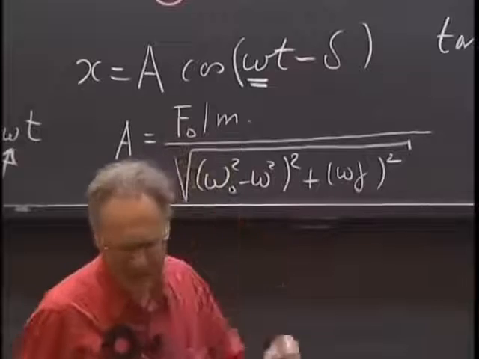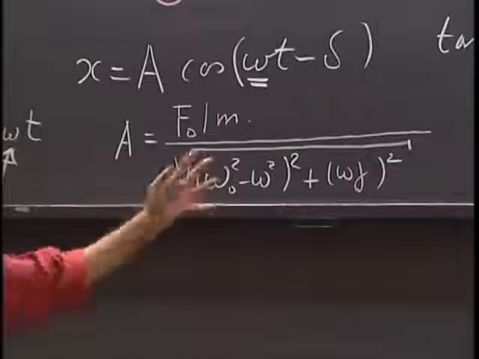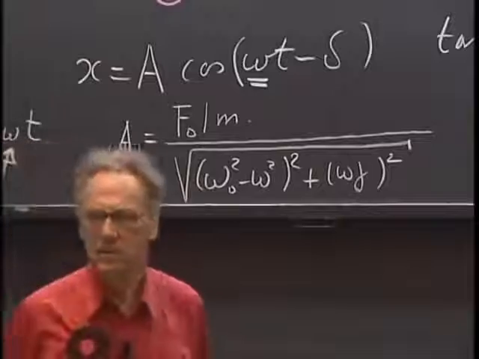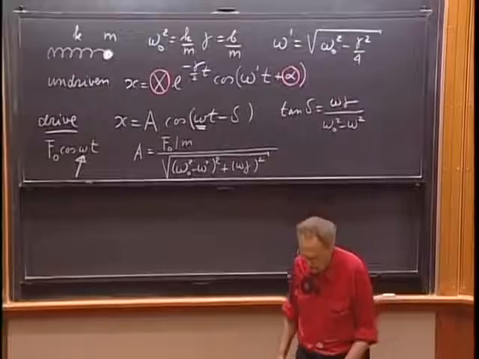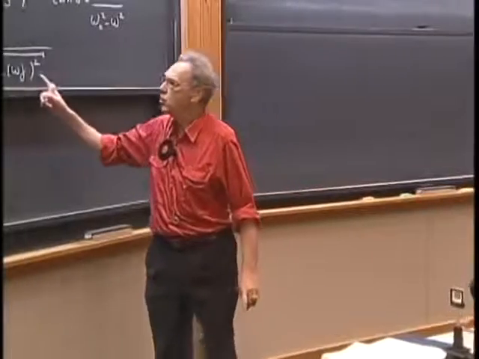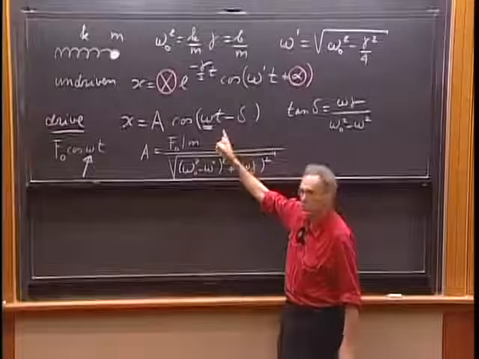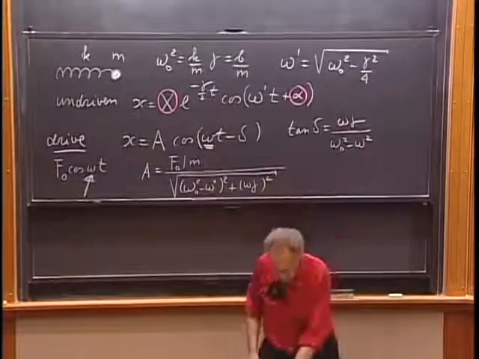And we spent the entire lecture on dealing with this A. We changed omega and we evaluated omega equals 0, omega at resonance, omega at very high values. There is no adjustable constant in this solution, but there was one in that solution.